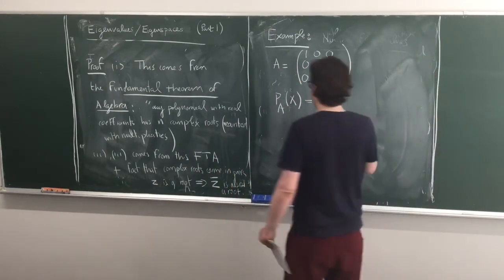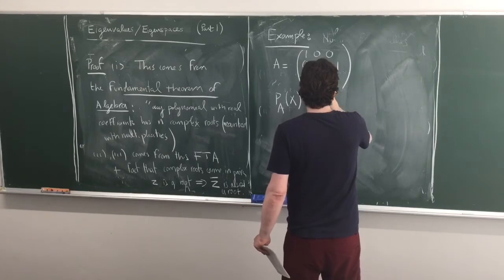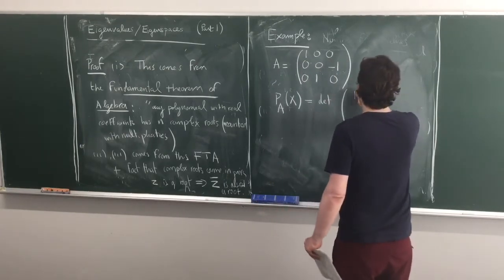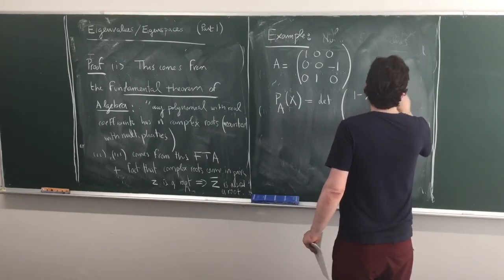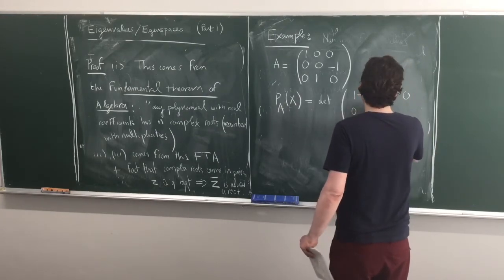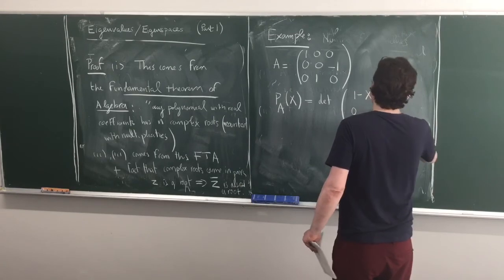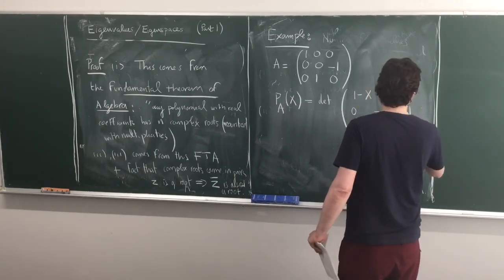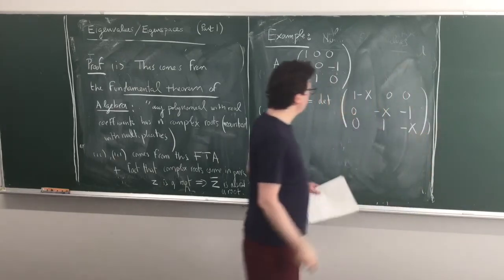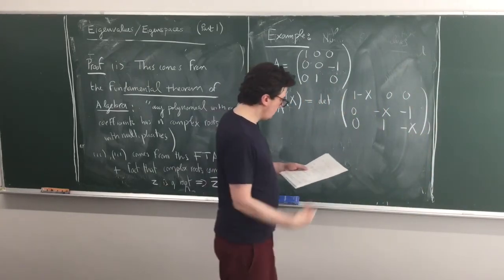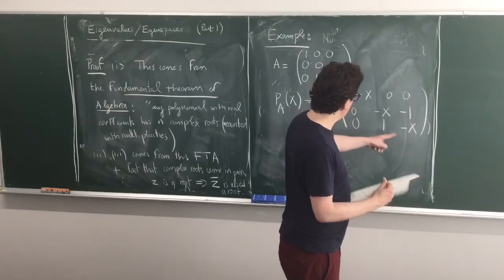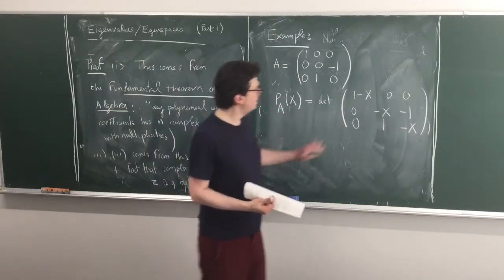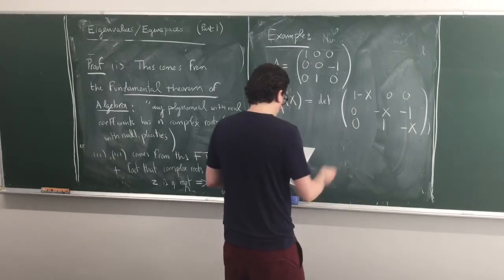So this will be the determinant of the matrix 1 minus x, 0, 0, 0, minus x, minus 1, 0, 1, and minus x. Right? Here, as you can see, this is not a triangular matrix, so I need to do some effort to calculate this.